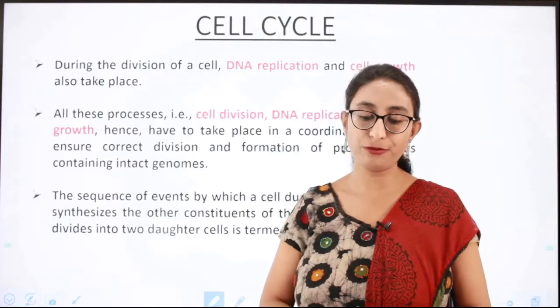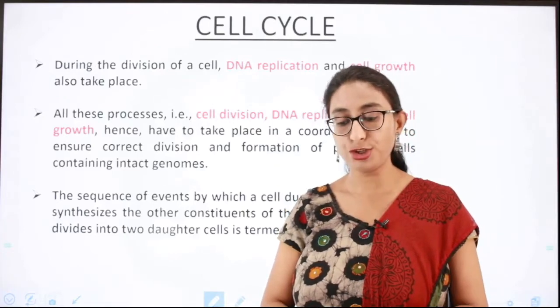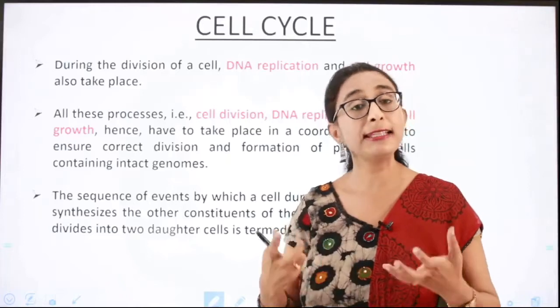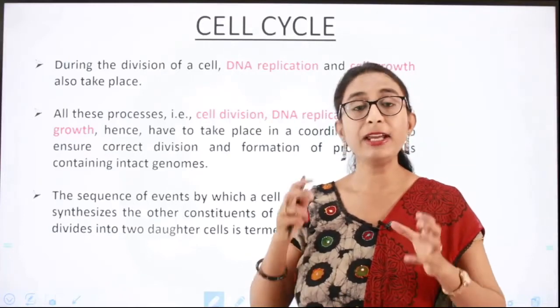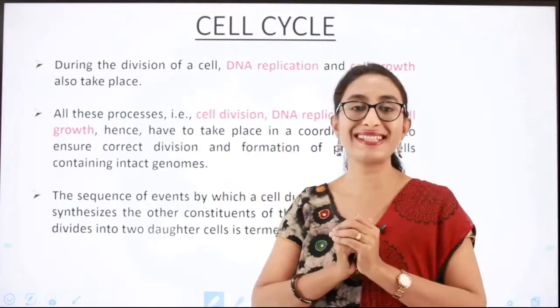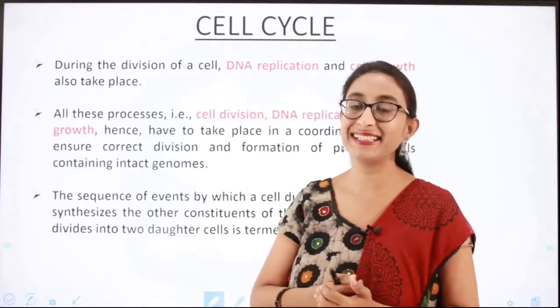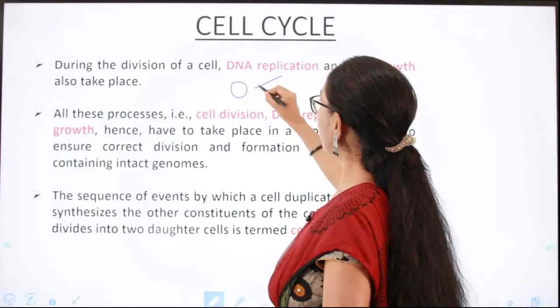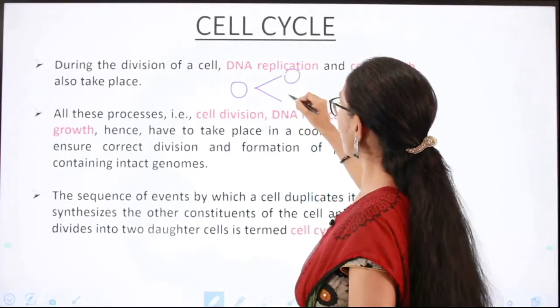And this sequence of events, which makes sure that the cell duplicates its genome, synthesizes the other constituents of the cell and eventually gives an equal proportion of the constituents to both the daughter cells, is called the cell cycle. So we have a parent cell which is dividing and giving rise to two daughter cells.